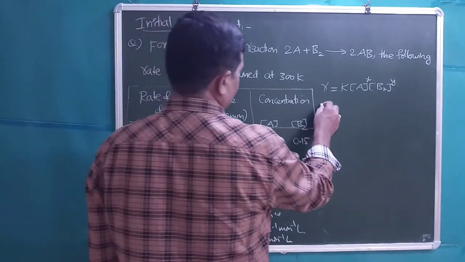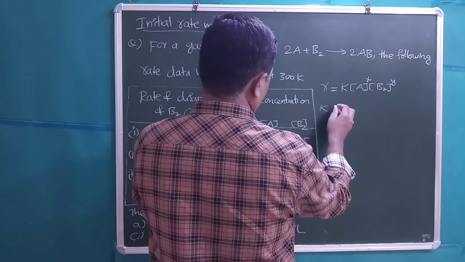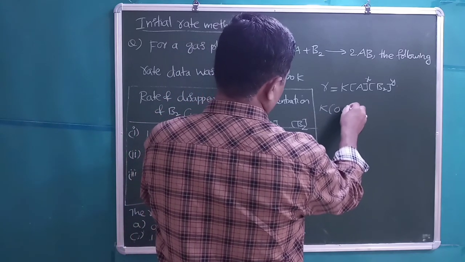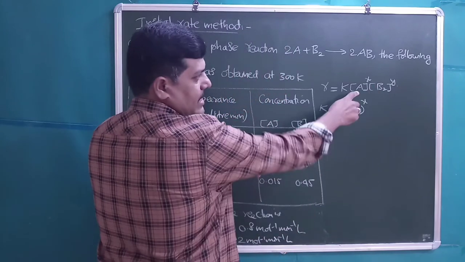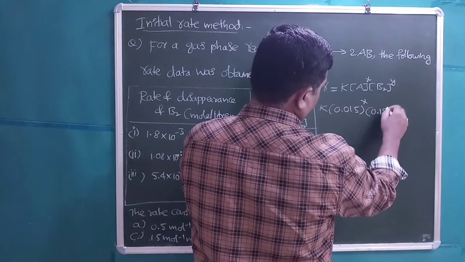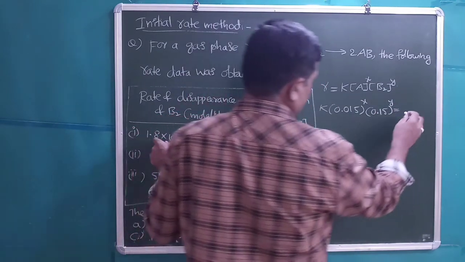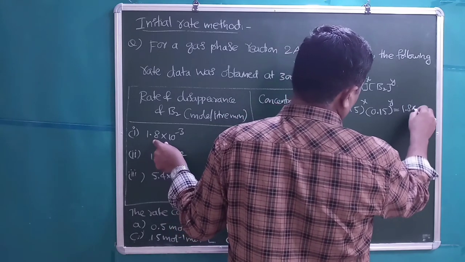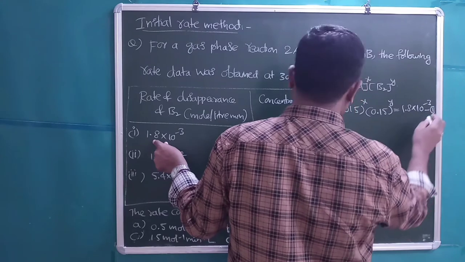K is the rate constant. The first data we enter here: K into 0.015 whole power X, this is the concentration of A, and for B2 we write 0.15 whole power Y, is equal to the rate, which is 1.8 into 10 power minus 3. This is equation 1.